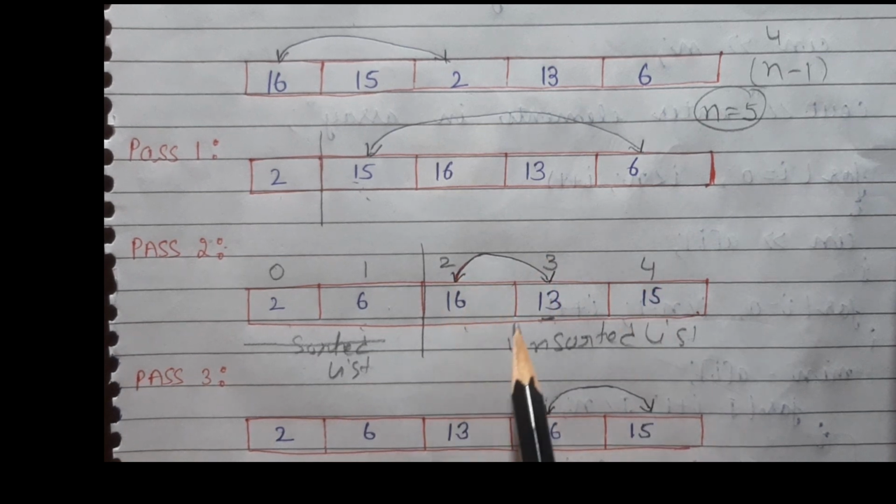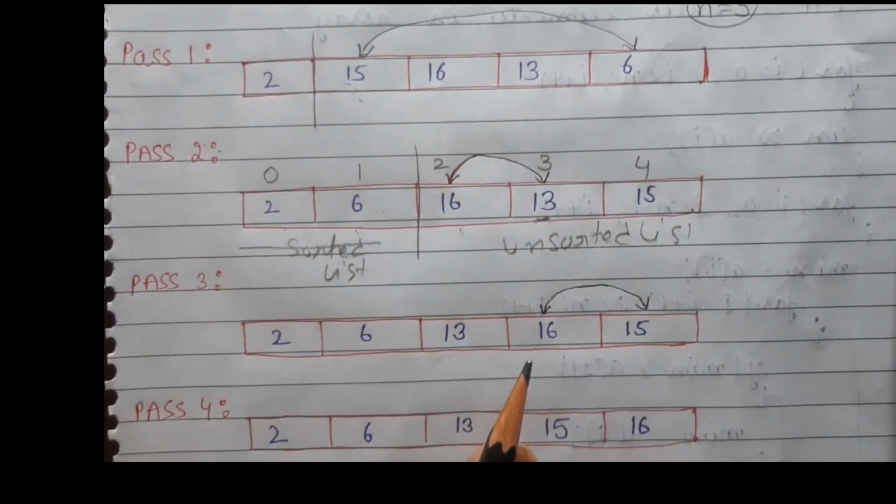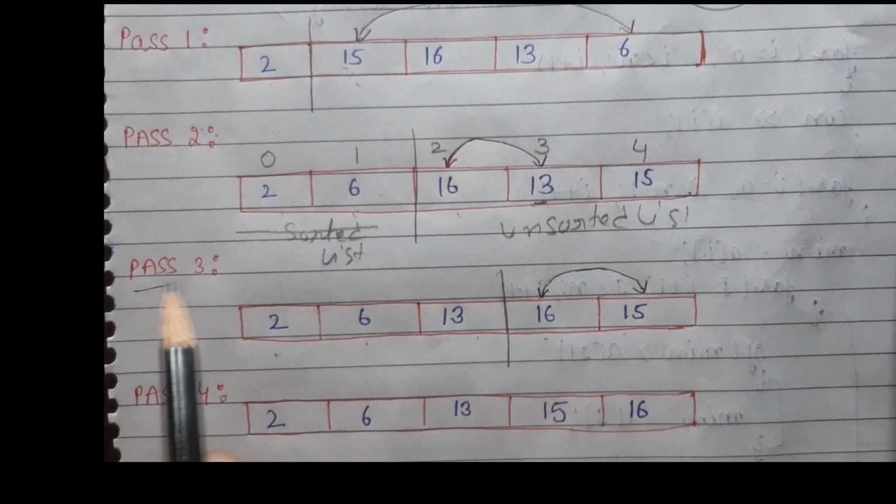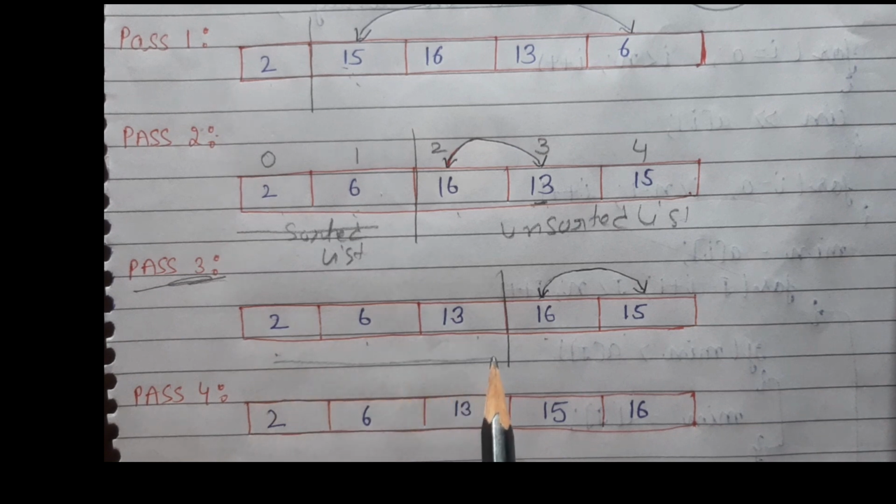It means this element is swapped with the third element. So after this, 2, 6 and 13 are in the sorted list, and 16 and 15 in the unsorted list. After completing pass 3, these 3 elements are in sorted order.